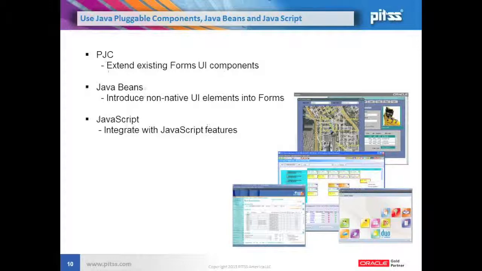So for example, in 6i, you could use Oracle Graphics. In 11g, this is not supported anymore. So you can replace this very easily with a Java Bean chart tool. And another option would also be to use JavaScript to do simple changes to the appearance of the browser and so on.